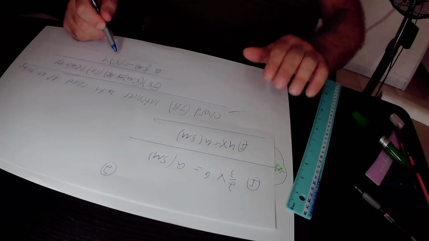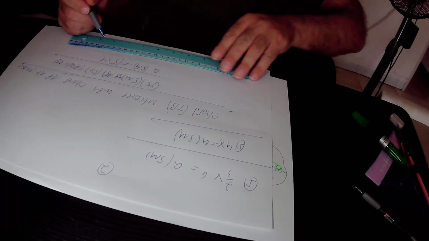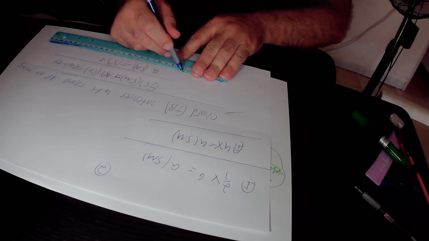So in total, we found that A times SM equals 5 times 1. 5 times 1 is 5.